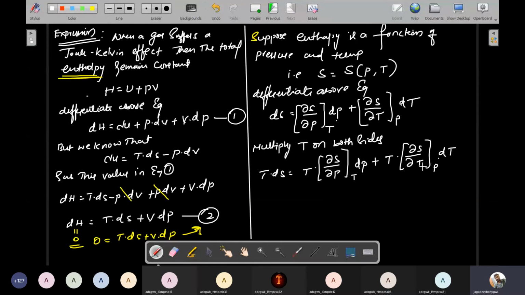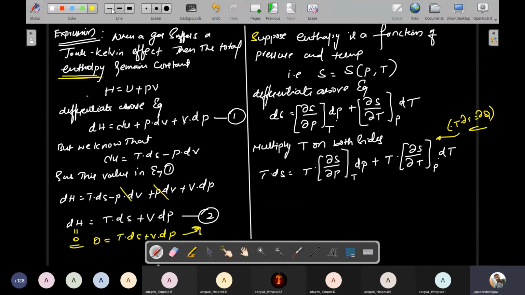But see this equation. Now T ds is nothing but dq. So I'm using this concept, I'll write here: T ds = δq. I'm using this expression here.